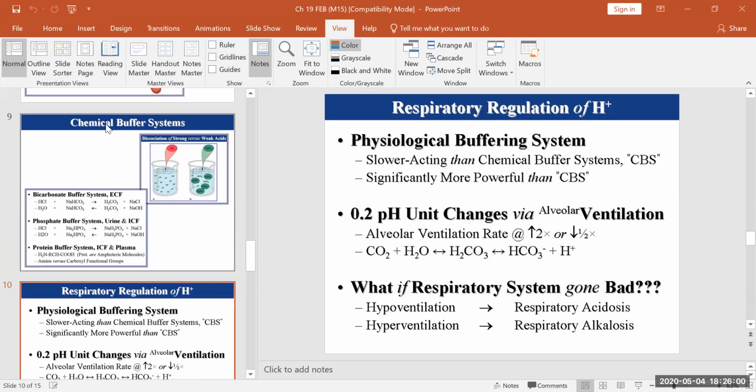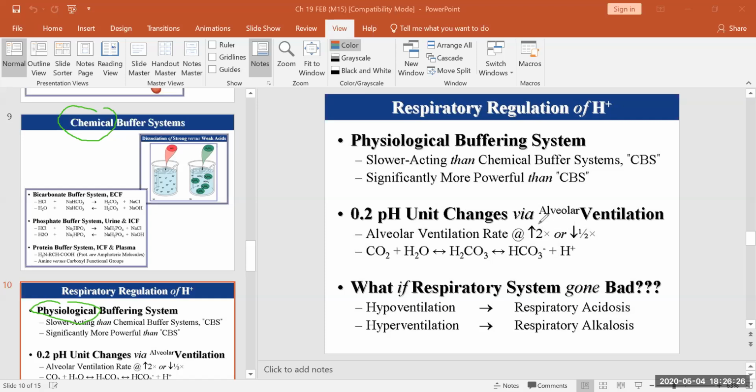So we have chemical buffer system and we have physiological buffer system. The physiological buffering system, especially the respiratory regulation, is slower acting than the chemical buffer system, but it's more powerful.